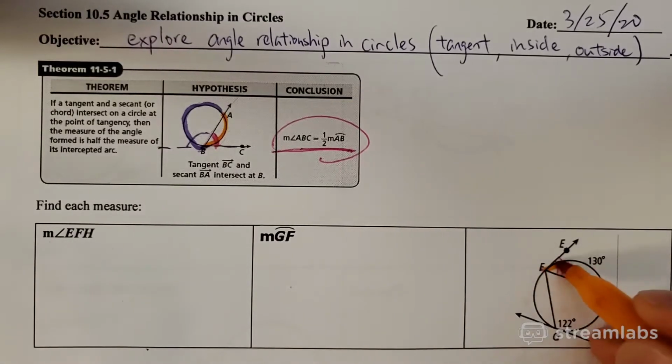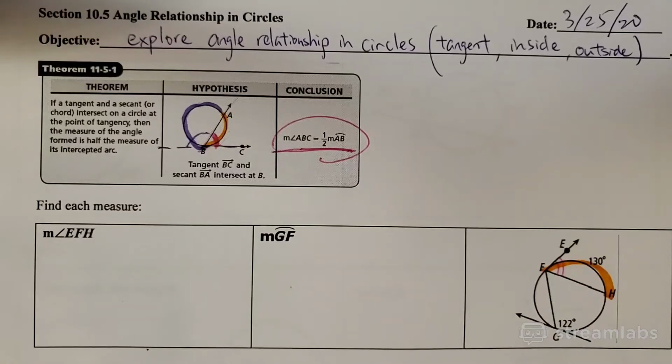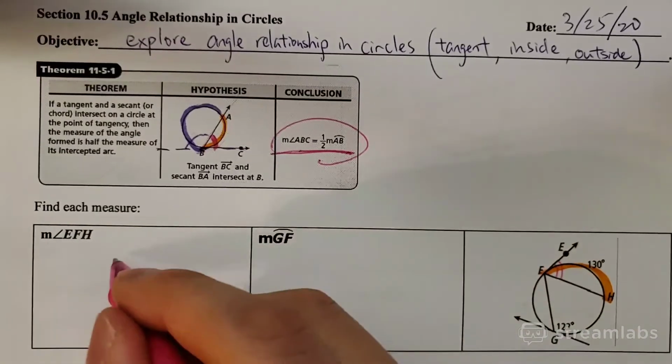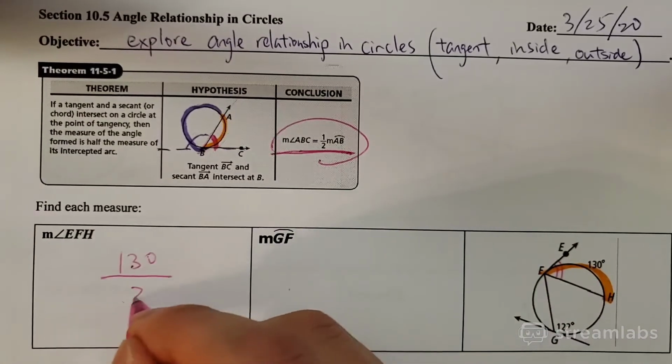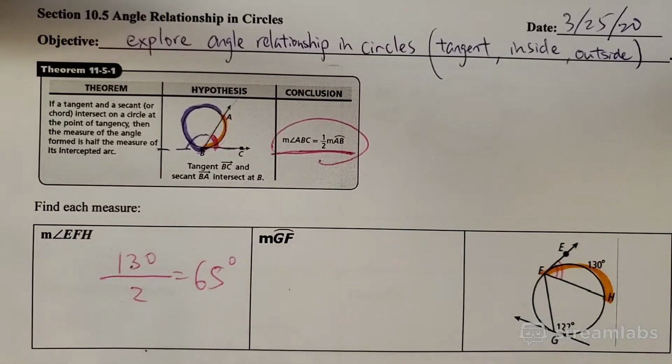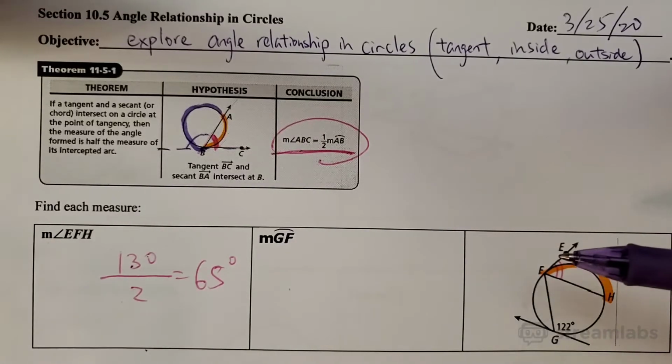That would be here, right? So it's going to be half of that. So it'll be 130 over 2, which is 65 degrees. Yeah, 65 is correct.